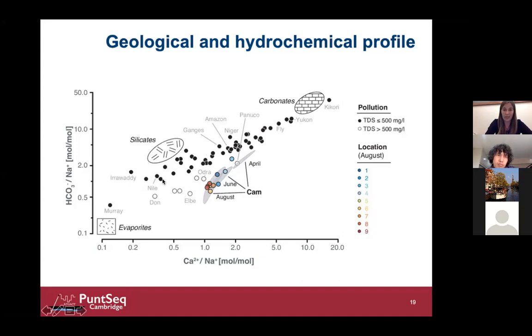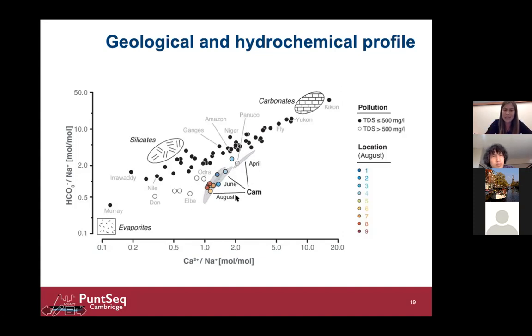The filled-in circles are potentially clean rivers, whereas these circles here are the anthropogenically impacted and polluted rivers. By clustering them like that, you can see how polluted a river is if you superimpose your own data.